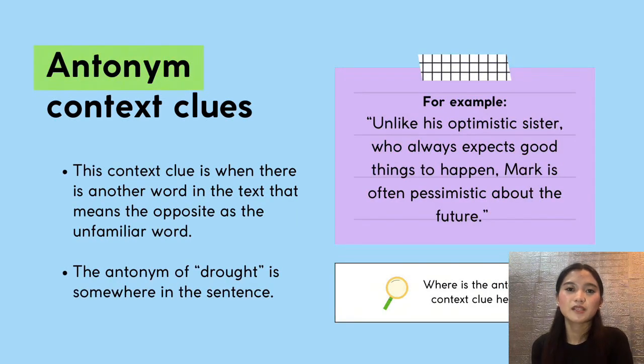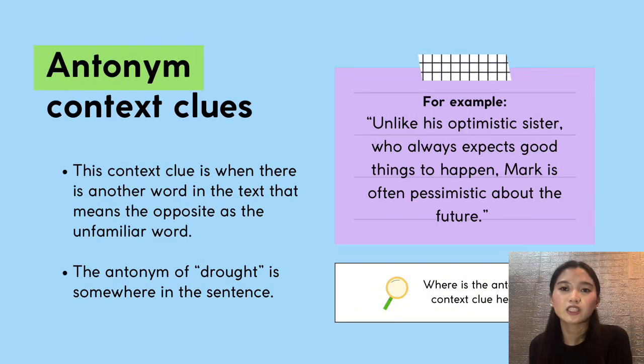The last type is antonym context clues. This one shows contrast or opposite meaning. You'll often see signal words like but, however, unlike, or whereas. Look at this example. Unlike his optimistic sister who always expects good things to happen, Mark is often pessimistic about the future.